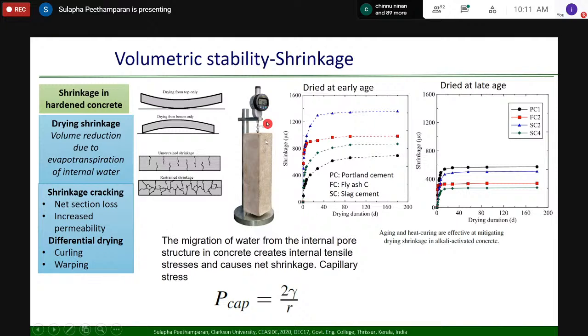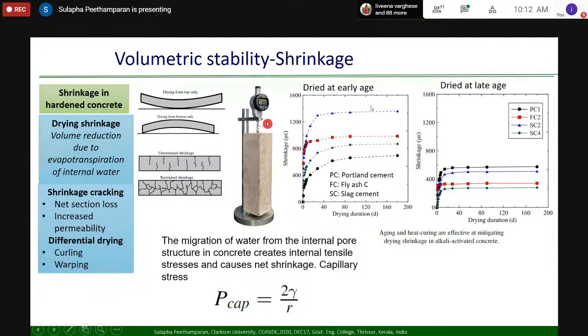We can easily measure the shrinkage by monitoring the length of a concrete prism. If you do that for geopolymer concrete, these are the results. This is a typical OPC concrete. You get less than 800 microstrain reduction in the size of your concrete.